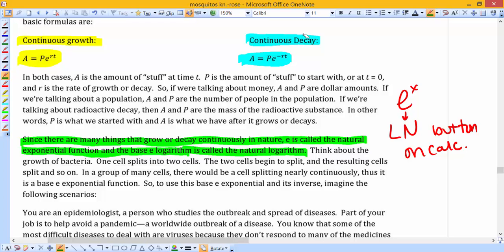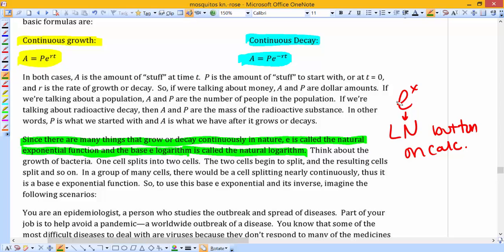Or when something becomes deceased, how fast the body starts to decay. When we are carbon dating dinosaur bones, we are actually using this formula of decay. Carbon has a half-life, and we're able to figure out how old a bone is, or about how old a bone is. So this is all stuff that occurs in nature that we're dealing with today.